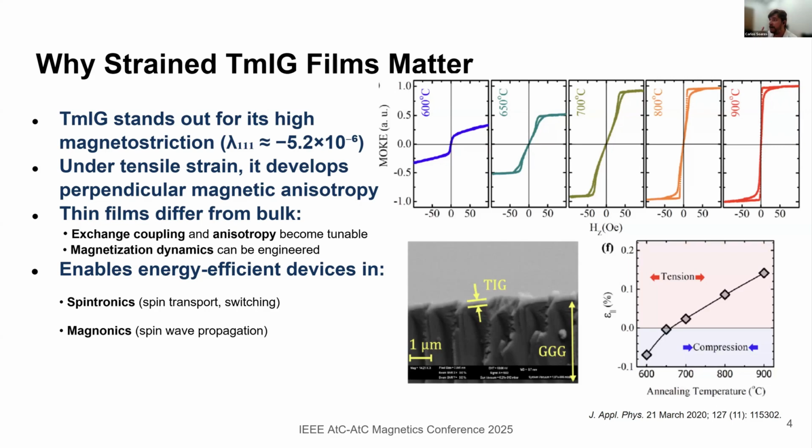When you anneal at 900 Celsius, you observe perpendicular magnetic anisotropy. So these materials have applications not only for spin waves but also for memory and resistive switching devices, for example.